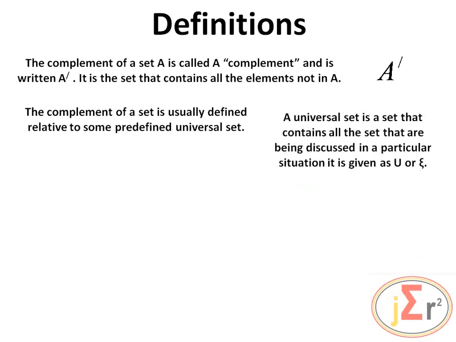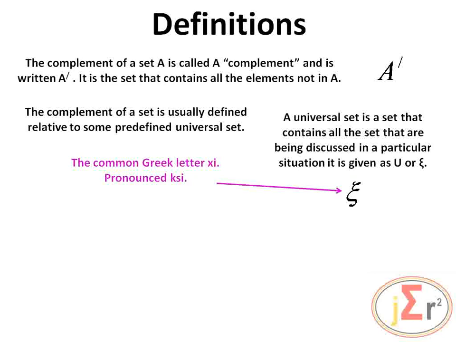A universal set is a set that contains all the sets that are being discussed in a particular situation, and it is given as U for the universal set, or this special capital Greek letter, and we'll hear its pronunciation in a short while. So that symbol is the common Greek letter Xi, pronounced Xi as we would pronounce KSI.